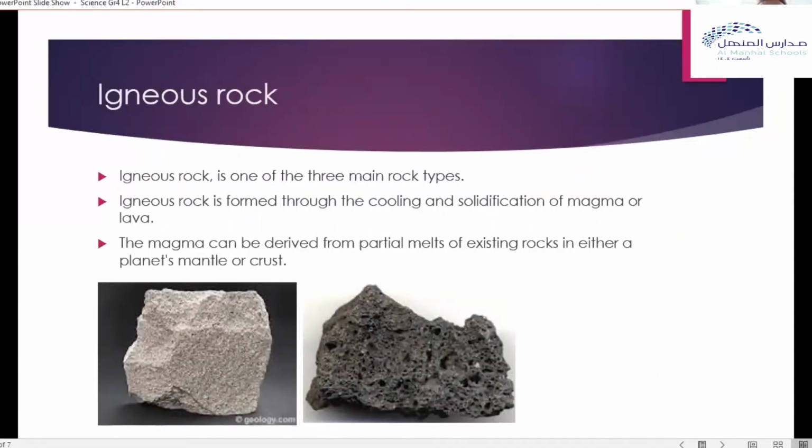Now let's look at the first type of rock. The first rock is called igneous rock. It is one of the three main types of rocks. Igneous rocks form through the cooling and solidification of magma or lava. Once it comes out of the lava chamber, it cools rapidly or very slowly. If it cools very rapidly, it will look like this rock here. If it cools very slowly, it will look like the rock on the left-hand side.